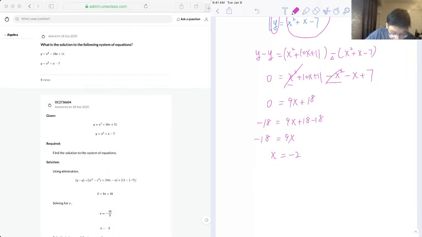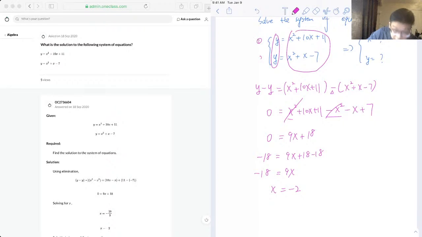So let's substitute into the second equation. That's equation 1, equation 2. So we have y is equal to, instead of writing x, we'll use negative 2 squared plus negative 2 minus 7.